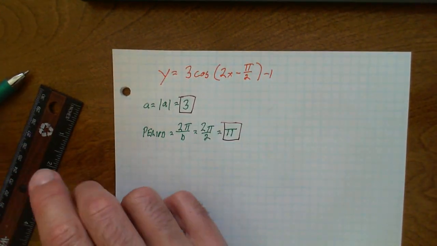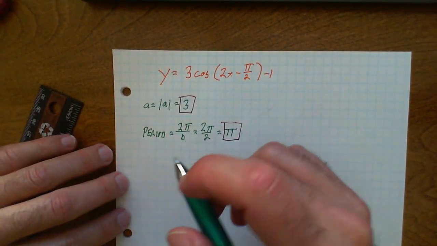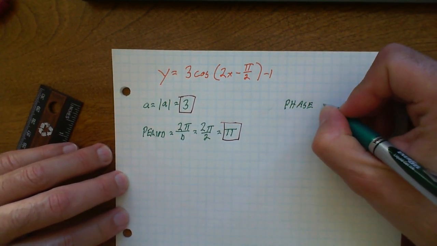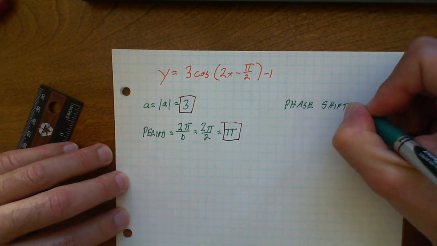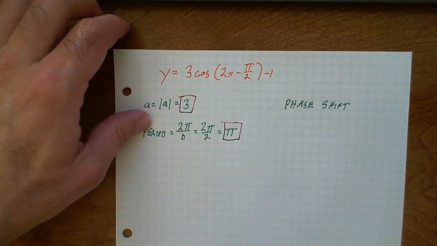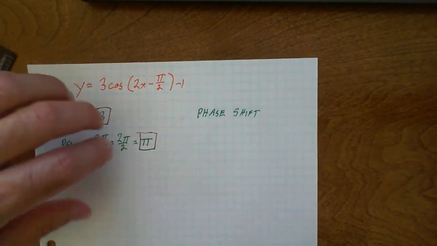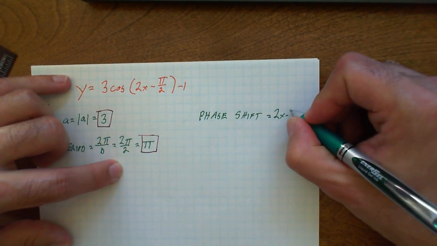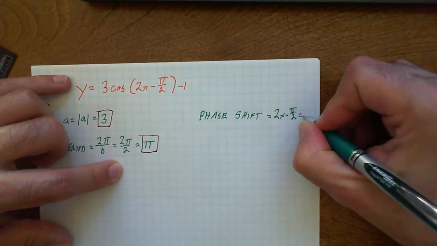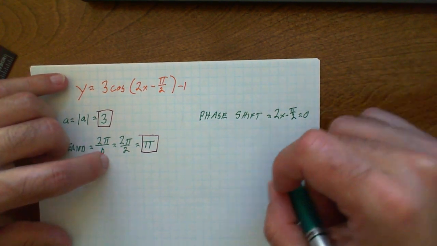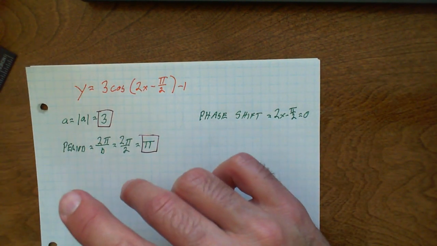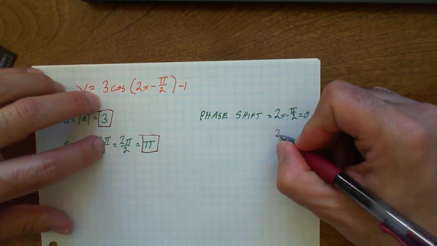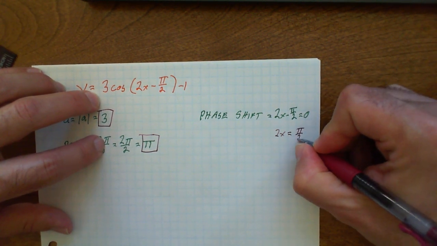Okay, that's my period. My phase shift, here we go, watch this. It's not that bad. 2x minus pi over 2 equals 0. So we just solve for it. Add pi over 2, 2x equals pi over 2.